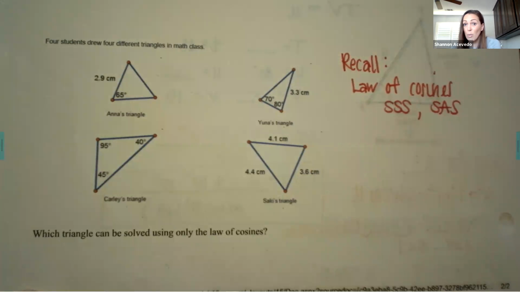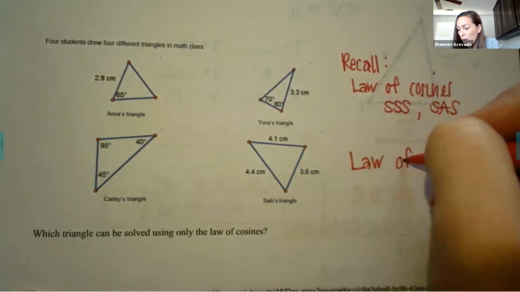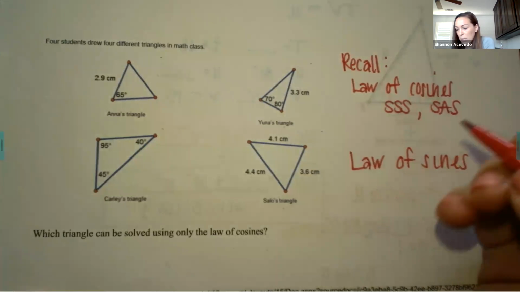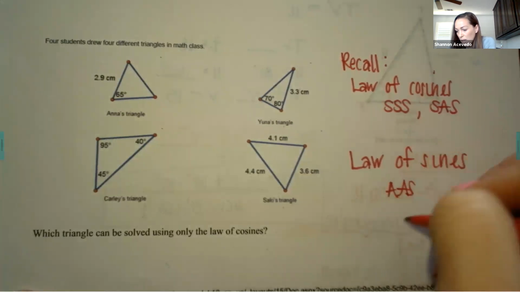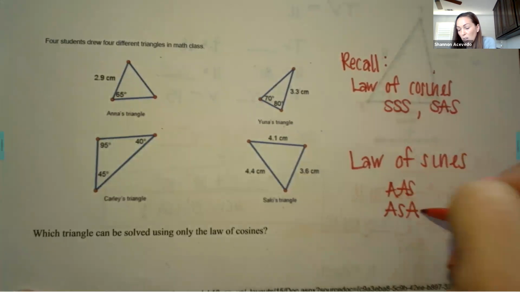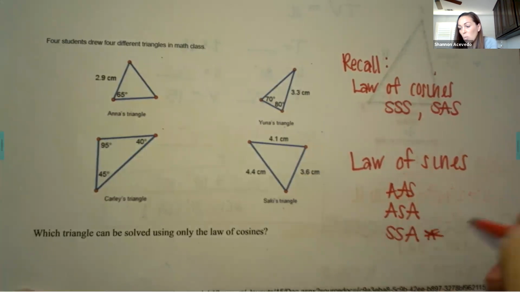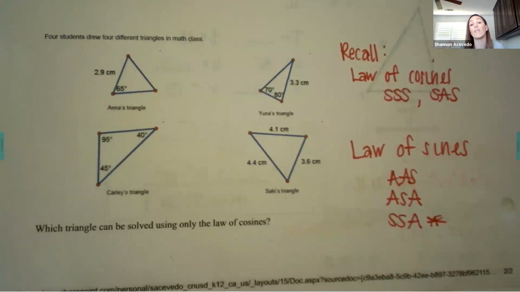And just to have a review, if we were looking for law of sines, the triangles would be angle, angle, side, angle, side, angle, and of course our SSAs. These are the ones that are a pain, the SSA, because that's the ambiguous case where it can have more than one possible triangle.